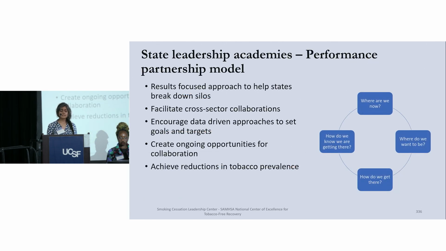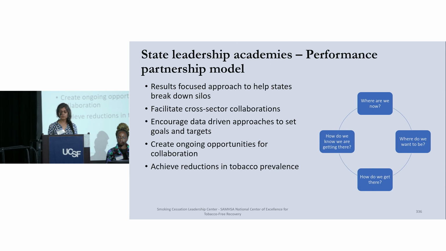To address this stark disparity, the SCLC pioneered this model called State Leadership Academies, where they worked with state leaders to use a results-focused approach to help states break down silos in addressing tobacco use, facilitated cross-sector collaborations, and encouraged states to use a data-driven approach to set goals and targets to reduce tobacco use among their behavioral health populations.